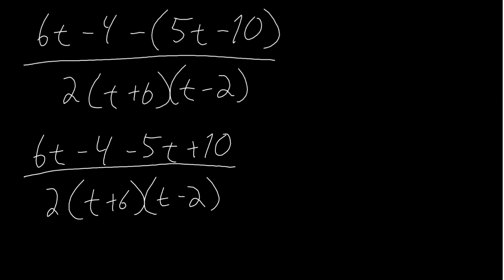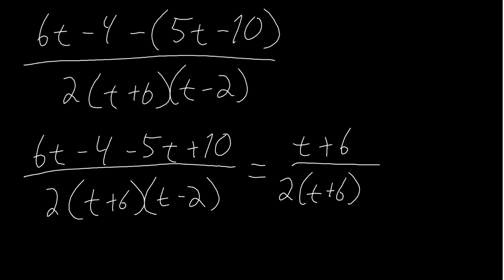Okay, so it appears we can combine some like terms here. So we're going to have 6t minus 5t, that's going to be t. And then negative 4 and a positive 10 is going to be plus 6, all over 2(t plus 6)(t minus 2). Let's fix that up.